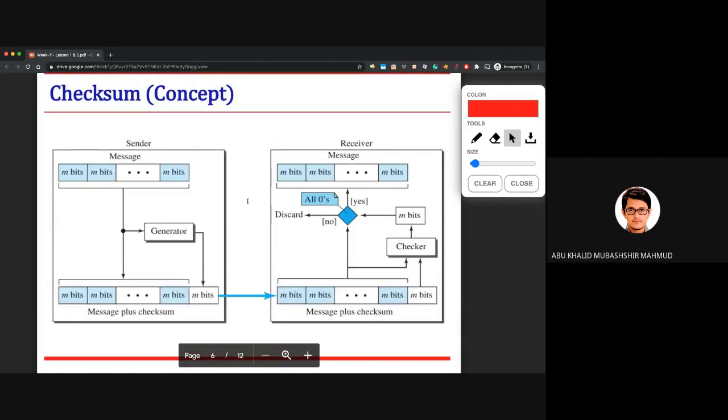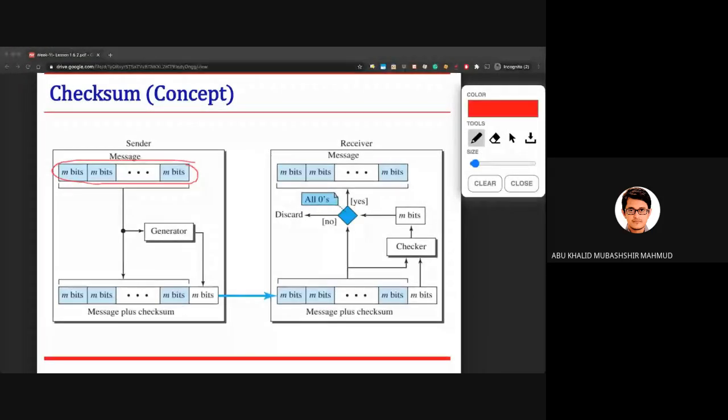In the sender side and the receiver side, what happens is that we get the total message, the M bits message, and then we generate some extra bits of total M bits, and this is the message plus checksum that we generate.